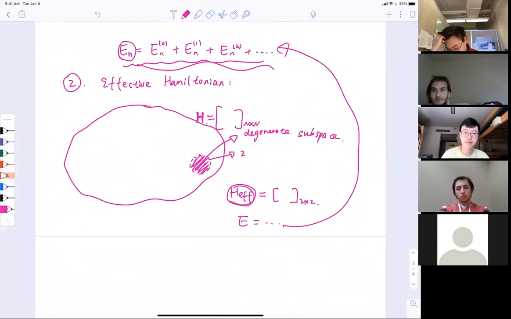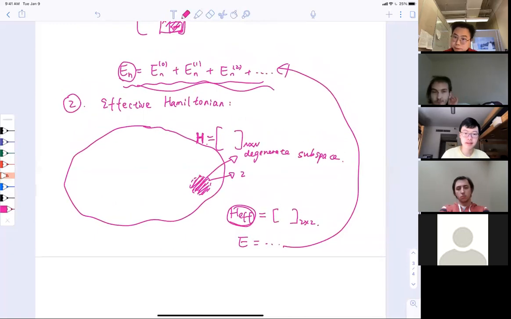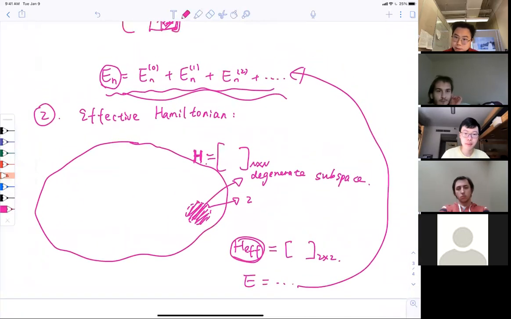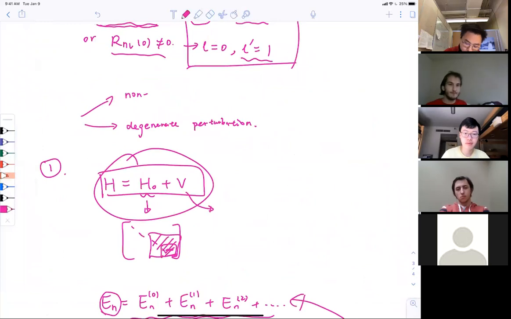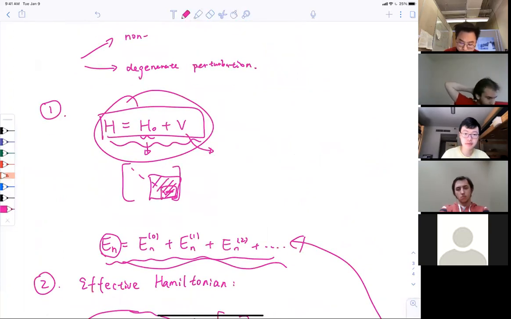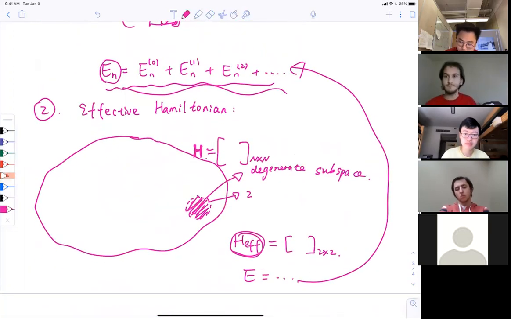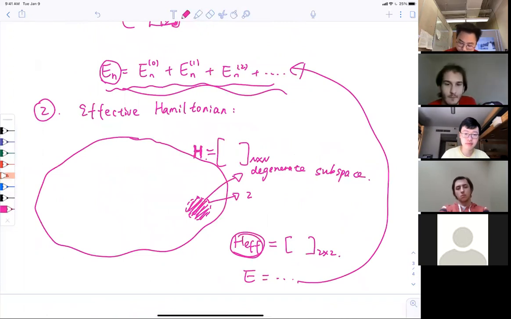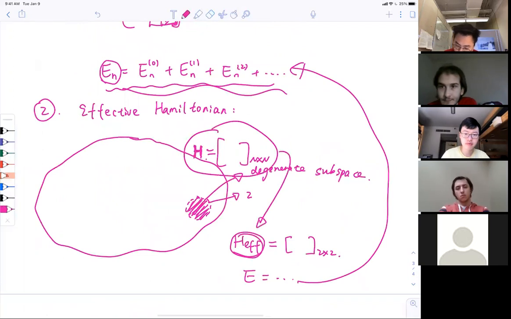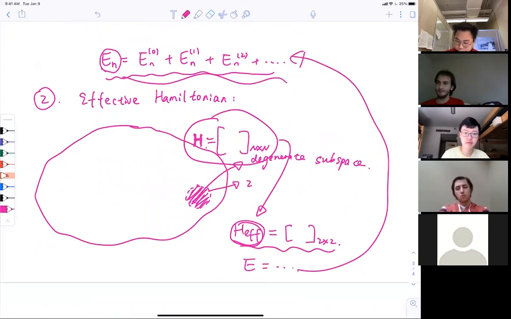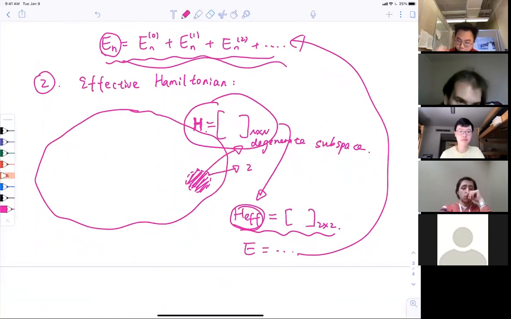Did you get the logic here? The original logic is starting from the whole Hamiltonian, we do the perturbation, just apply a formula. Here there's one more step. From the whole Hamiltonian, we first obtain the effective Hamiltonian, which is much smaller in dimension because we only care about the small subspace.